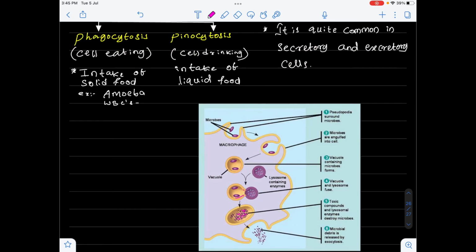Now let us talk about phagocytosis, that is a type of endocytosis, and exocytosis in white blood cells. If any pathogen enters into our body, white blood cells reach that particular area. Now let us look into the membrane of a white blood cell.